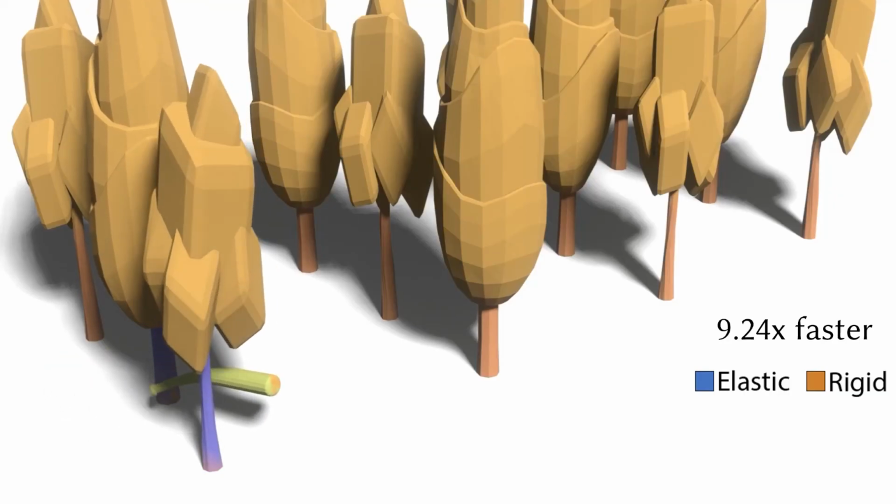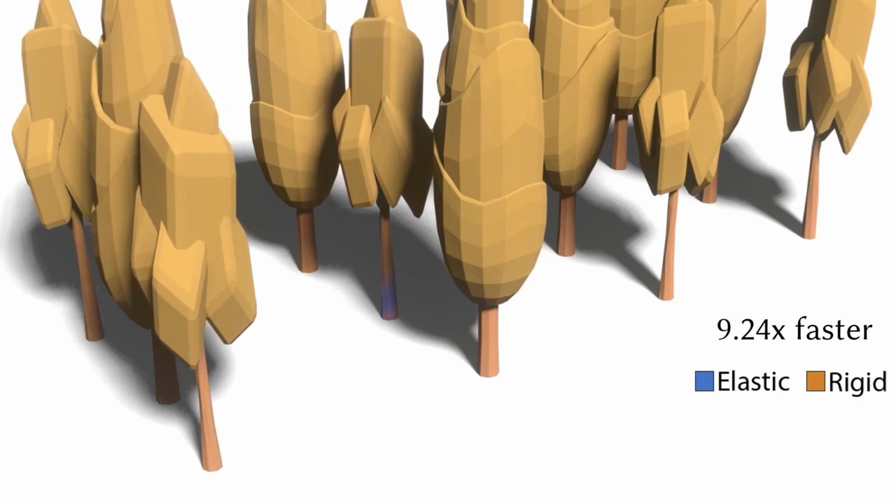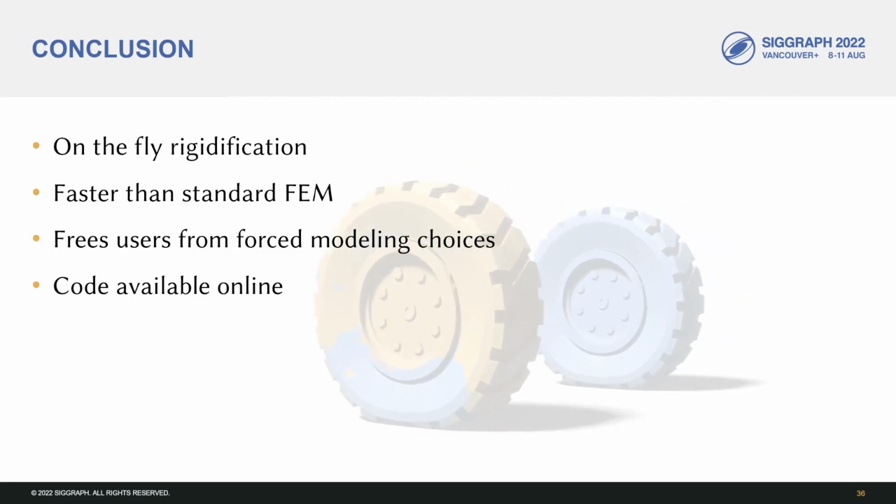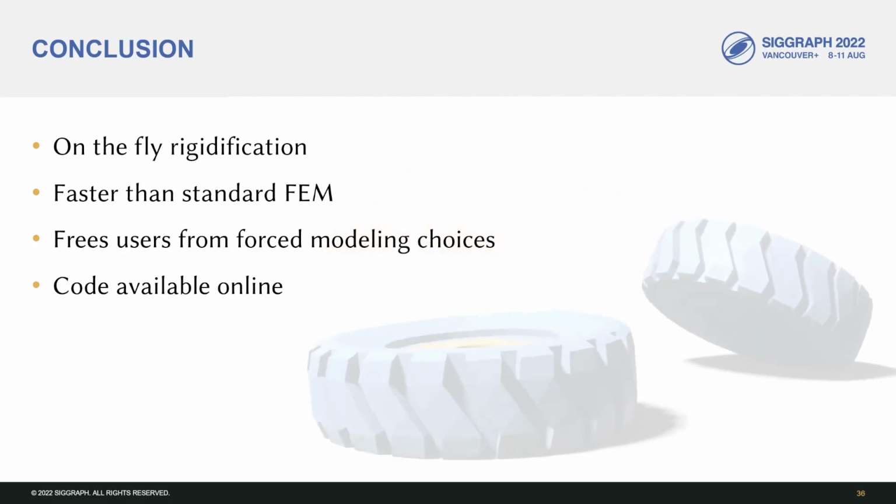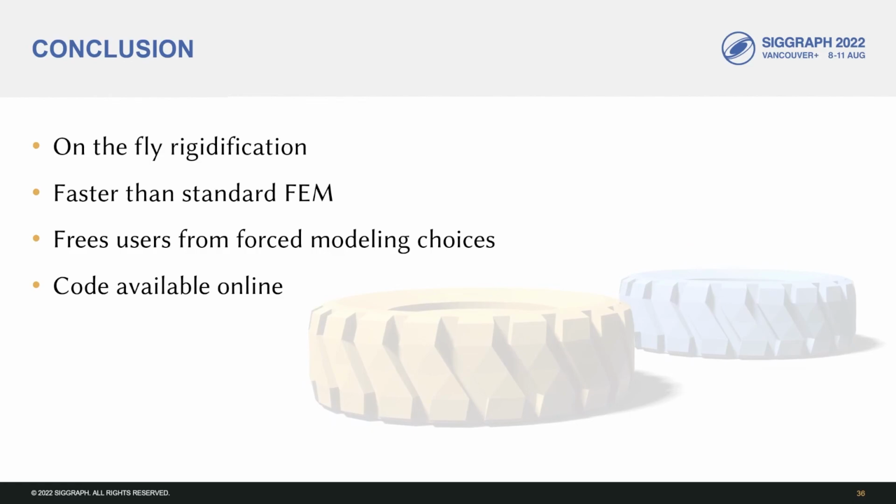Finally, look at this forest. Each tree is a rigidified finite element model ready for dynamic deformation. We have presented a new adaptive method that uses on-the-fly rigidification to accelerate deformable object simulation, and is readily applicable to large-scale virtual worlds.